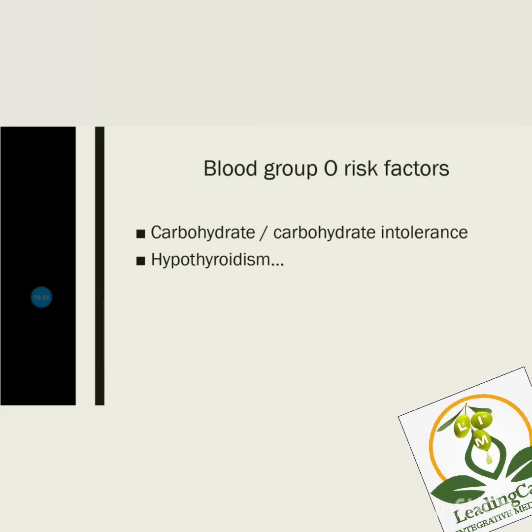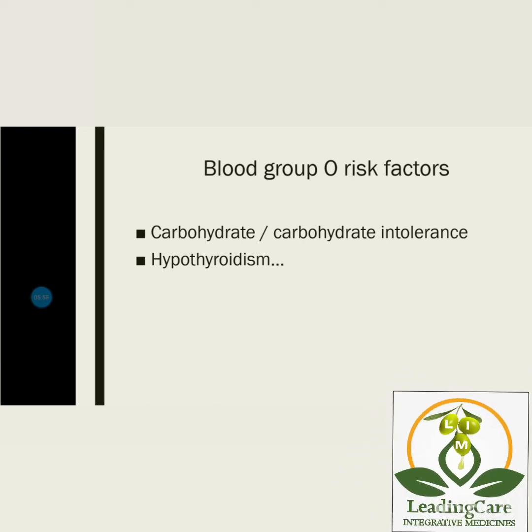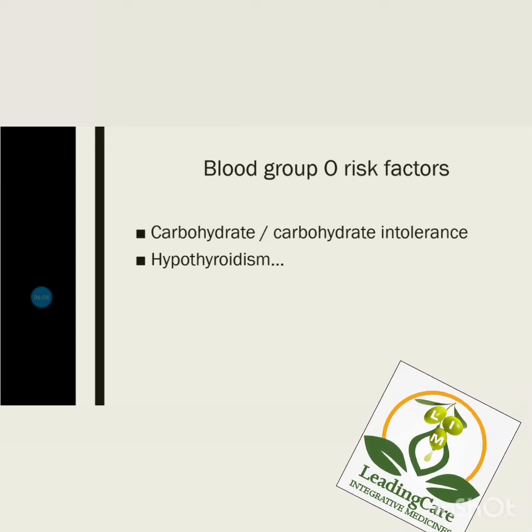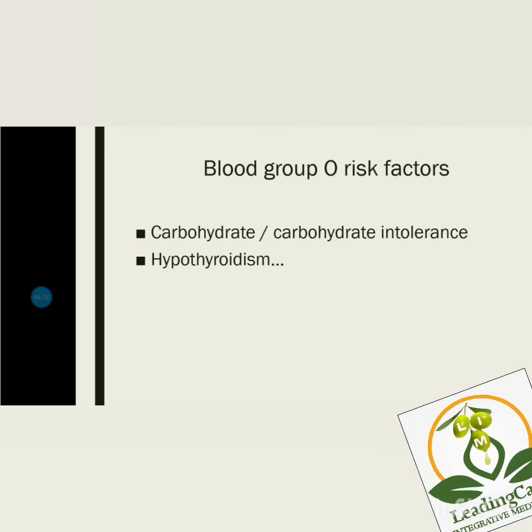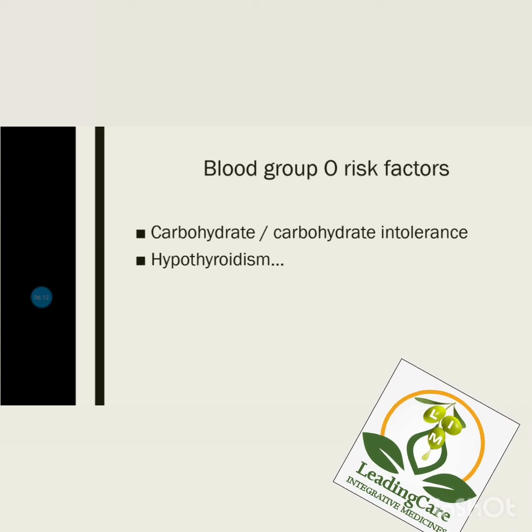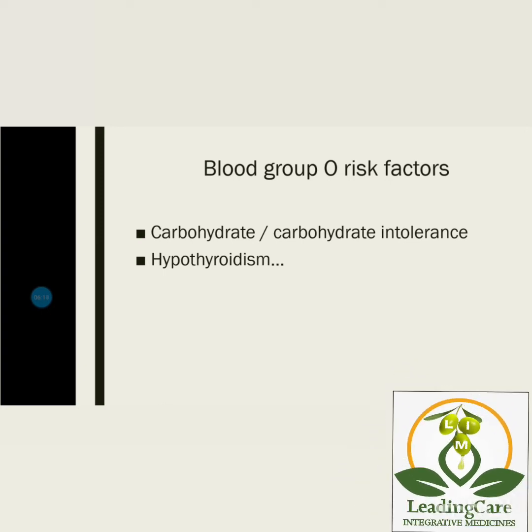So the risk factor that leads to their BP, number one on the list, is carbohydrates. Carbohydrate is their risk factor, and the most leading factor, either blood group O positive or O negative.